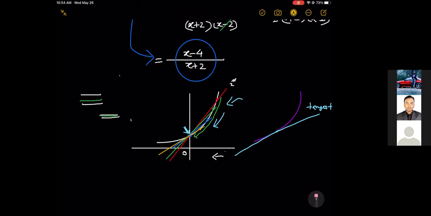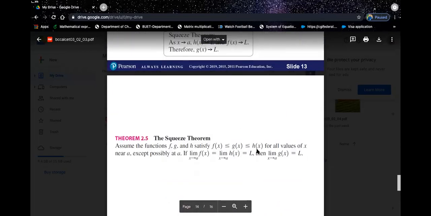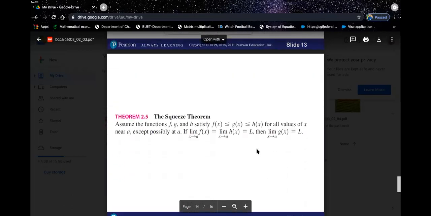So let's see, what does it give us? Again, I have to change it to the screen sharing of my computer. Okay, here we are back to the computer. So the squeeze theorem says, let us see the statement first and we'll go back to the graph. Assume the functions f, g, and h satisfy this.